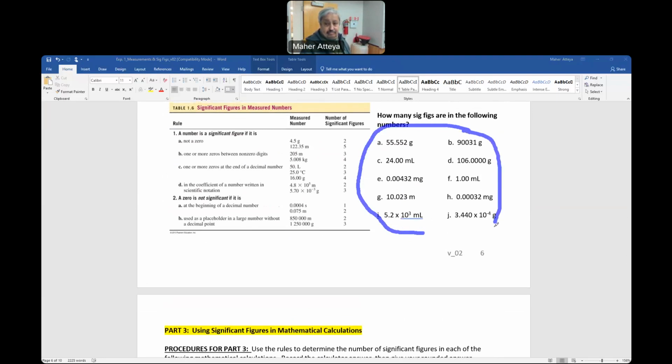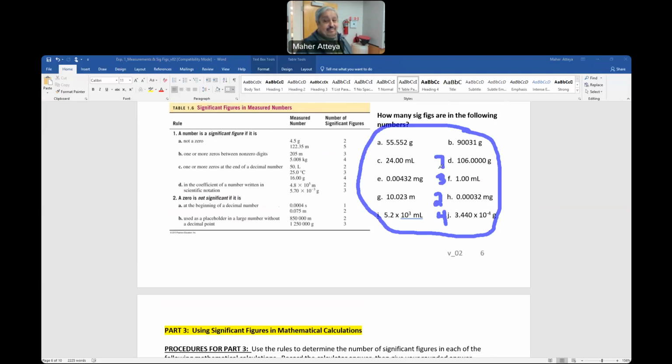Okay, so let's do J. J is 3.440 times 10 to the power 4. How many sig figs do we have here? How many? 4. Okay, that's 4, correct? How many in H? 2. That's correct, 2. How many in F? 3. How many in D? 7, correct.